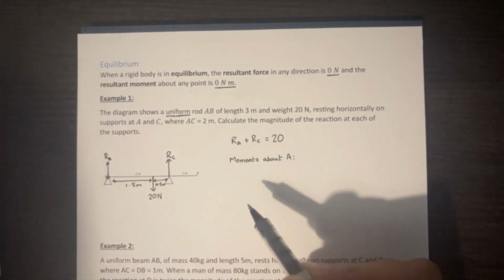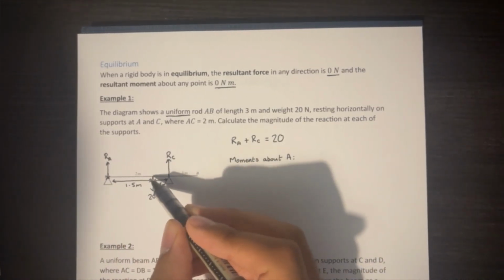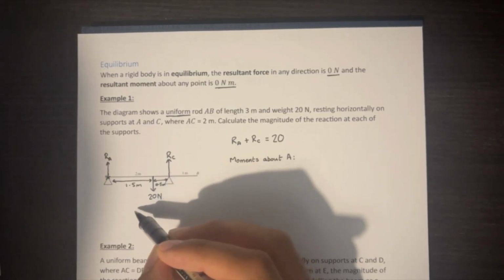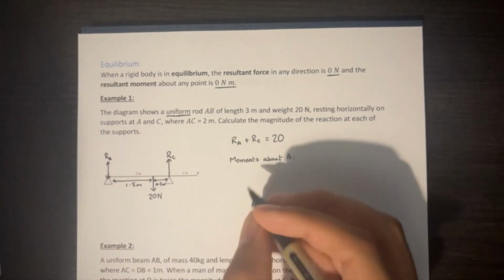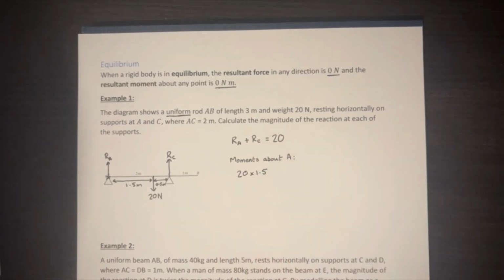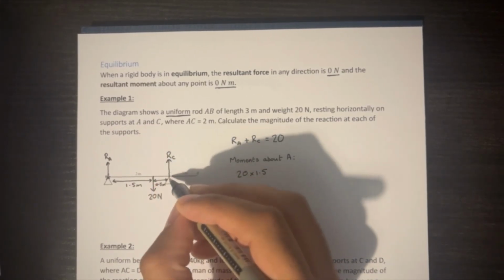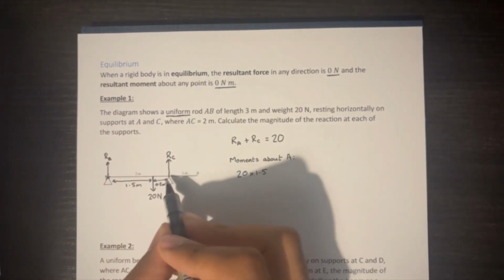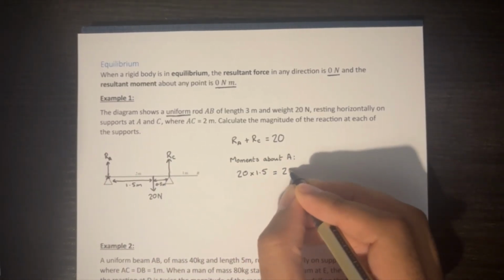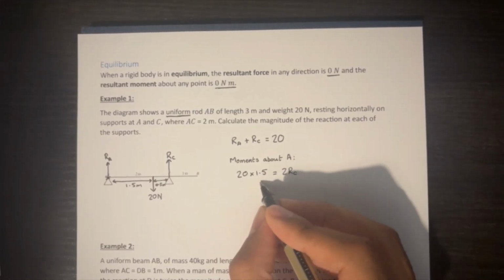So I'm going to be able to find the reaction at C and then substitute back into here to get the reaction at A. So if I take moments about A, then in the clockwise direction, I've got 20 times 1.5, and that must be equal to the moment in the anti-clockwise direction, where I've got 2 lots of the reaction at C. Well, 20 times 1.5 is 30.